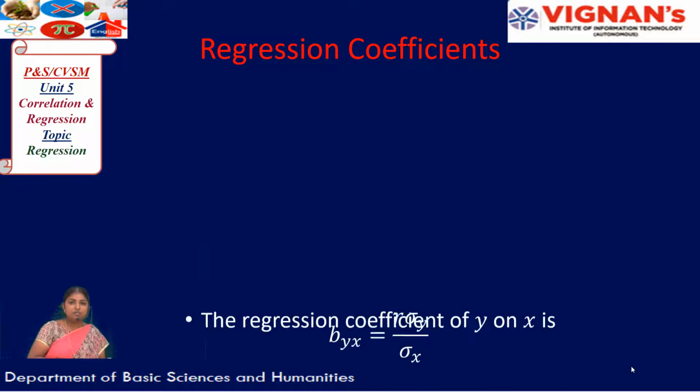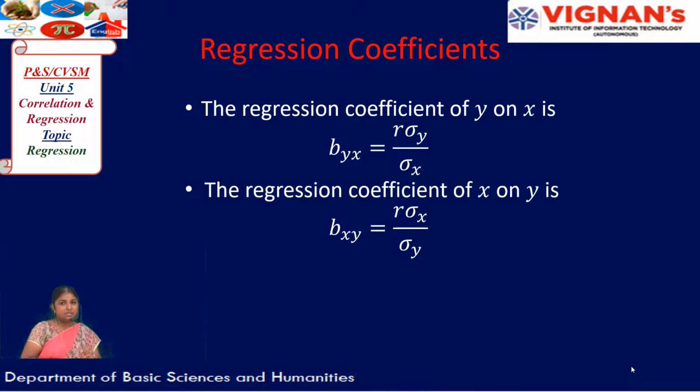Next, the regression coefficient. In the y on x line, the coefficient of the independent variable is known as the regression coefficient of y on x, represented by byx. In byx, that means the y on x line, the x coefficient is r into sigma y by sigma x.